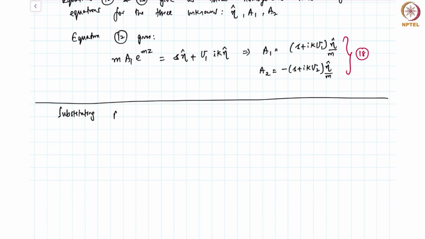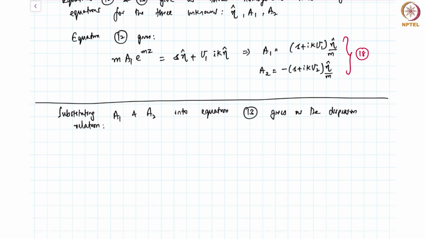Substituting A1 and A2 into equation 13 gives us the dispersion relation. That is s as a function of k and l.